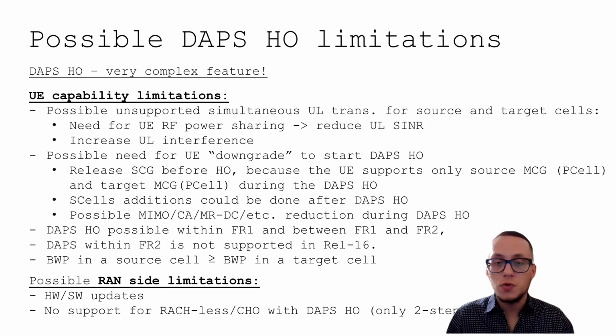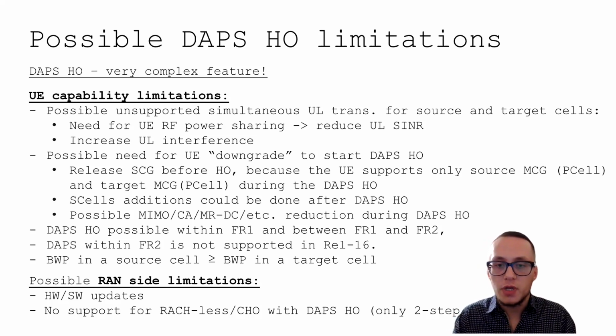Also, in order to perform transmission in downlink, very probably the UE will have to perform a kind of downgrade. For example, to release all secondary cells, to reduce MIMO layers, to release any other secondary carrier aggregation cells, and so on and so forth, because DAPS handover is only between the primary cells of the master cell group and the target master cell group.